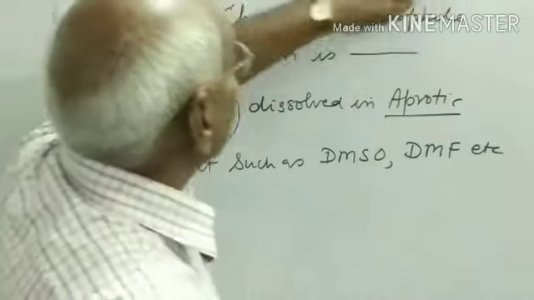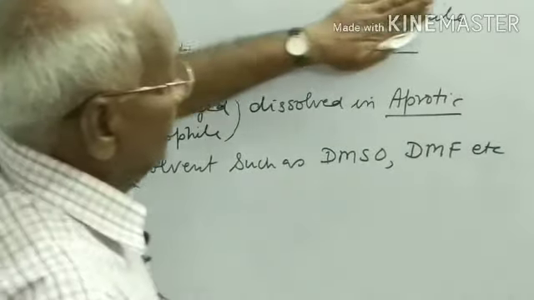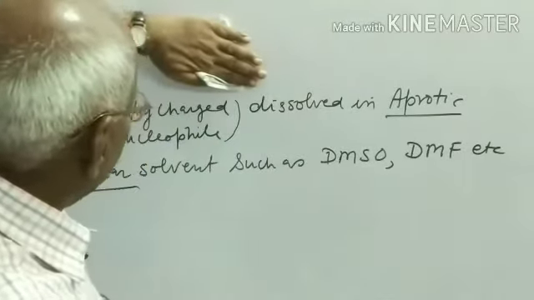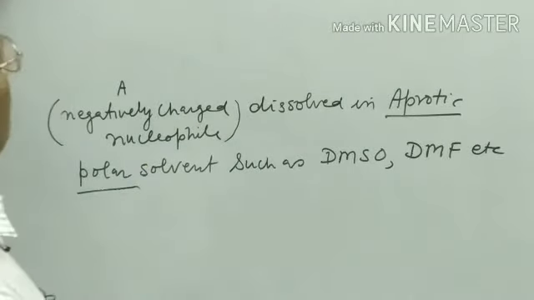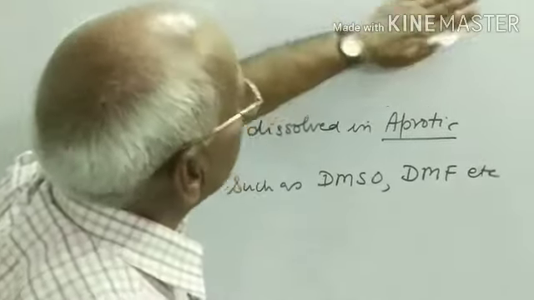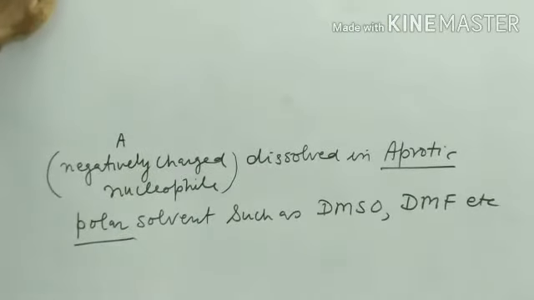You also know that a negative nucleophile is not available alone; it is always in the form of a neutral molecule.